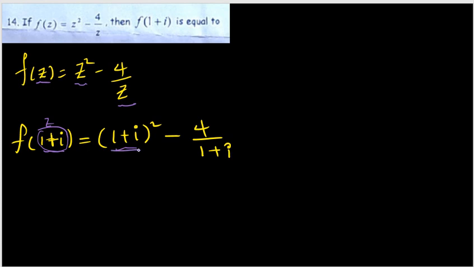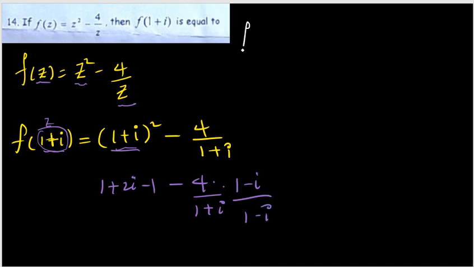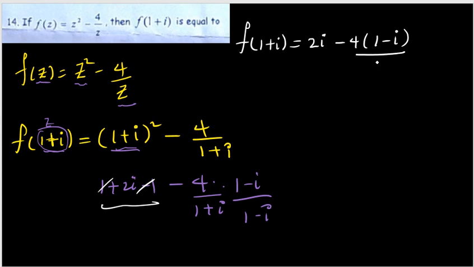Then when I square this part, it will be 1 plus 2i minus 1 remain, minus 4 times 4 over 1 plus i, which can be multiplied by the conjugate 1 minus i over 1 minus i. Therefore f of 1 plus i will be here 1 and negative 1 cancel, and what remains? 2i remains, minus 4 times 1 minus i, the whole over 2.